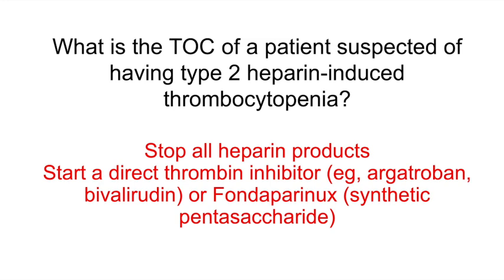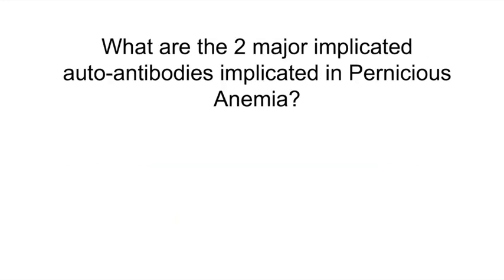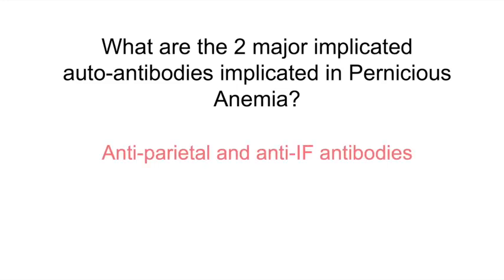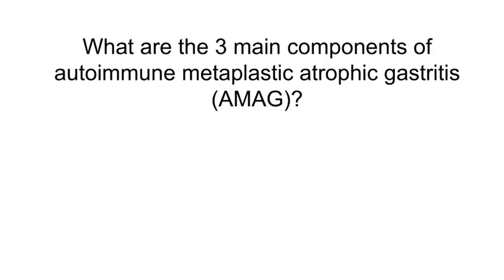What are the two major autoantibodies implicated in pernicious anemia? Antiparietal and anti-intrinsic factor antibodies. What are the three main components of autoimmune metaplastic atrophic gastritis?